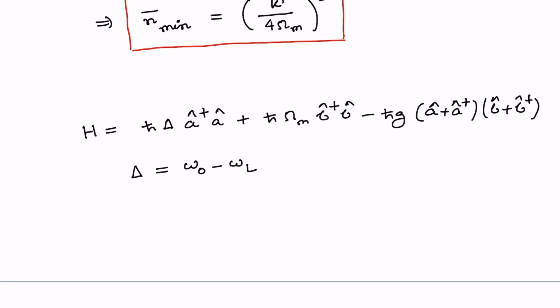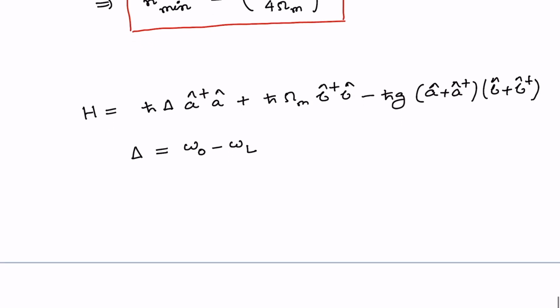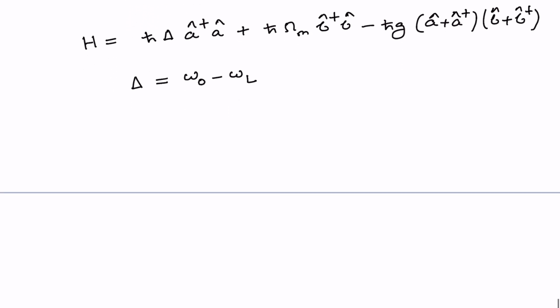Now let us transform this Hamiltonian by applying the unitary transformation U is equal to e to the power i delta a dagger a t times e to the power i omega m b dagger b t.